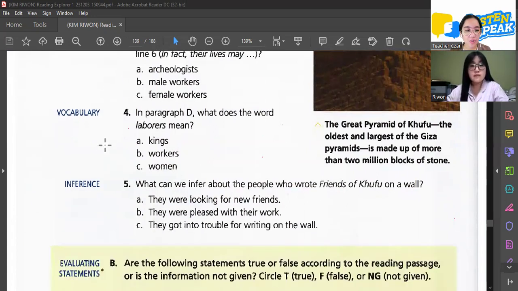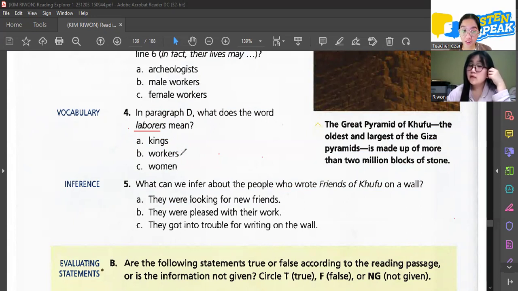Let's have number 4 now. In paragraph D, what does the word laborers mean? Do you know what a laborer is? Isn't it workers?